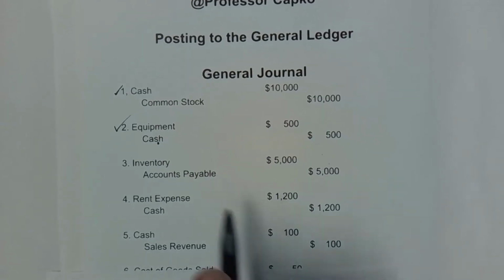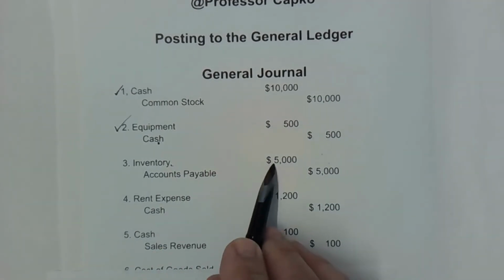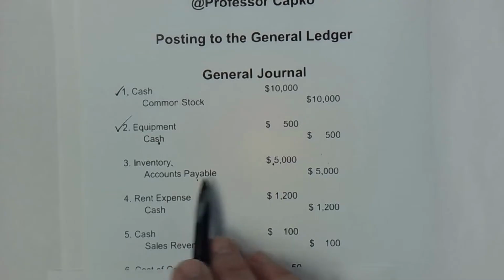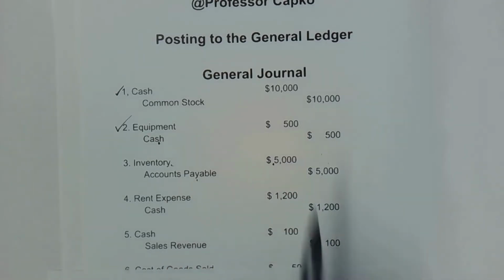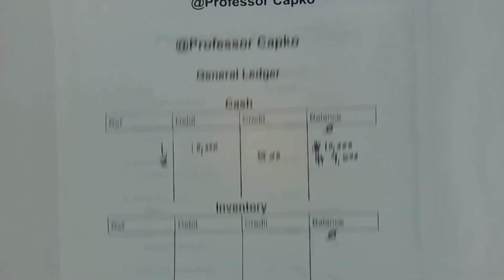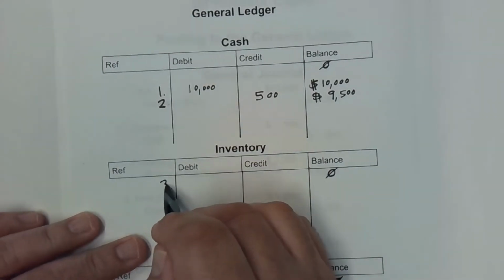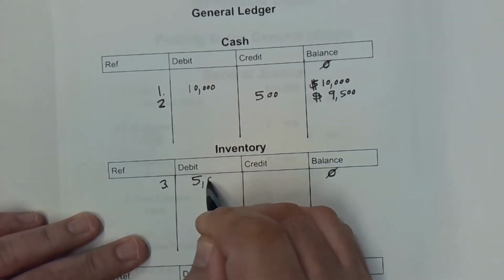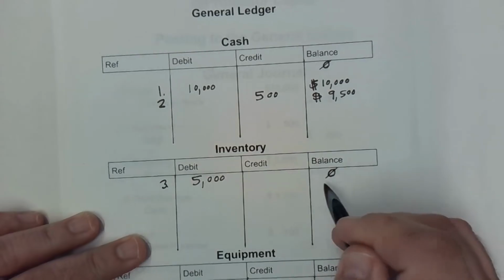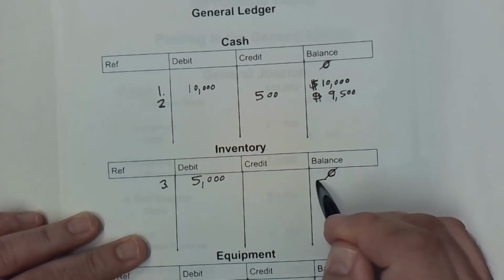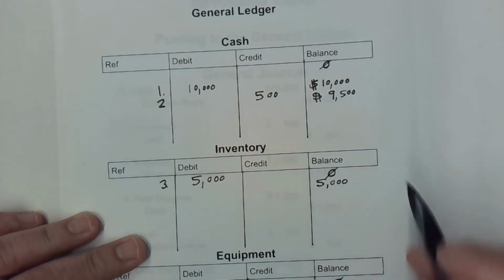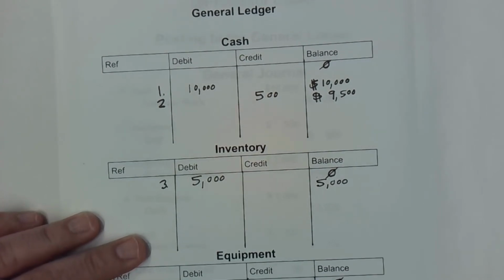Now we're going to work on the third transaction. I'm going to debit inventory for 5,000 and credit accounts payable for 5,000. Inventory is going to be debited 5,000, and that's reference number 3. Since there's a 0 beginning balance, our new balance in inventory will be 5,000.